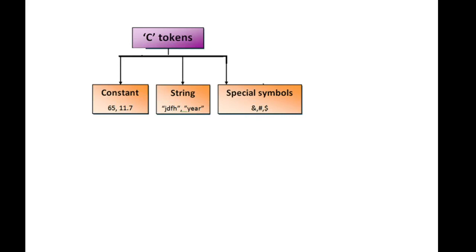In constants we have two types, numerical constants and non-numerical constants. In numerical constants we have integer constants, where we have seen decimal, octal and hexadecimal integers, and also floating point constants. In non-numerical constants we have seen character constants and string constants. We have also discussed special symbols and their importance.